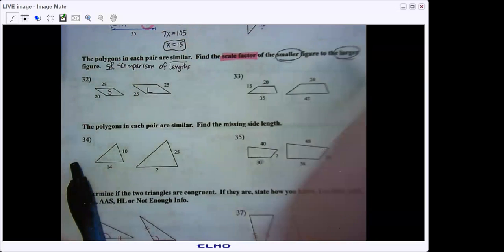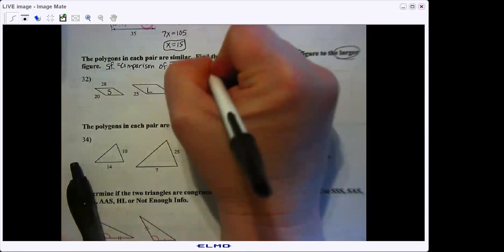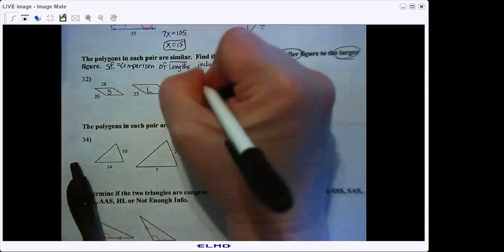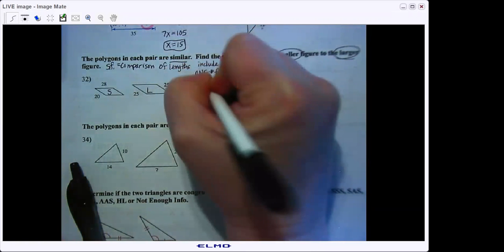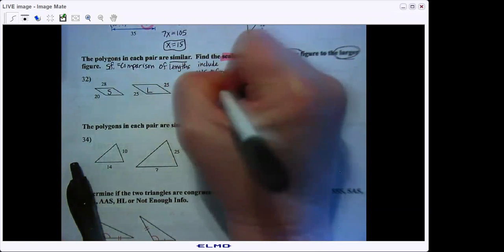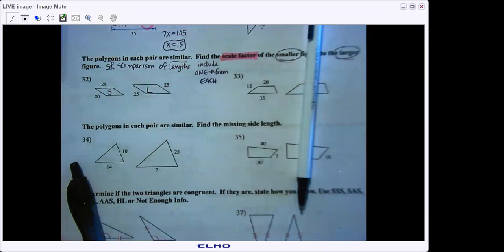Okay, you can do left over right, right over left, big over small, small over big, unless they tell you how they want it, and they did, they said smaller to larger. Okay. So when you do a scale factor, you must include one number from each. One number from each.